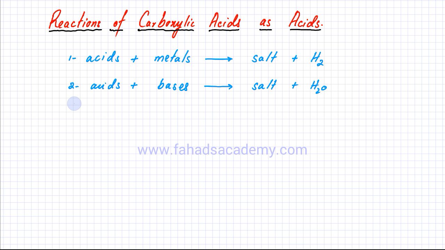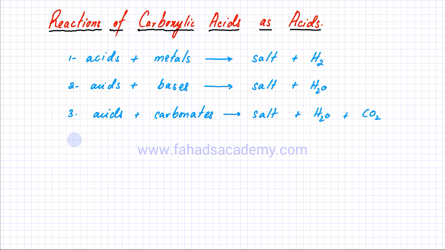The third reaction that acids had was that they would react with carbonates, and they were going to produce salt, a water molecule, and a carbon dioxide molecule.